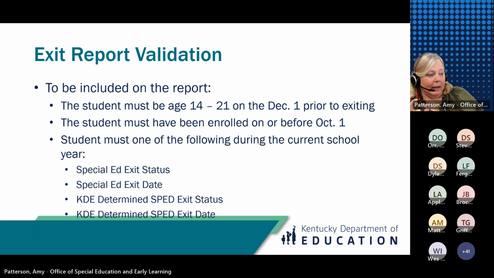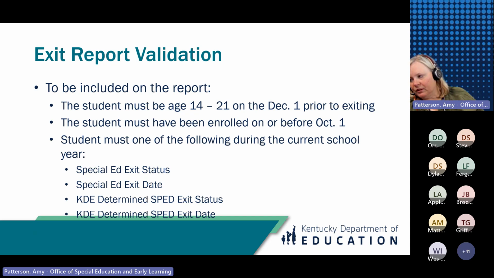So if a student ages 14 to 21, and most districts do all, if a student with an IEP exits, you need to go in and put in the reason, and it's going to be one of 7 reasons: transferred to regular education, graduated, got an alternate diploma, aged out, dropped out, reached maximum age, so turned 21, and moved on to continue. Those are the 7 reasons.